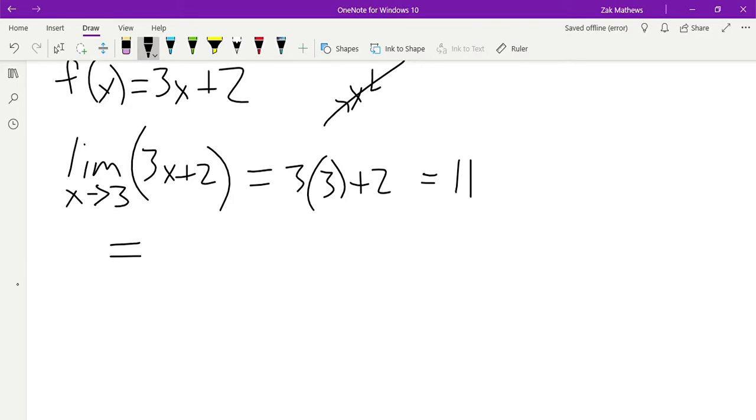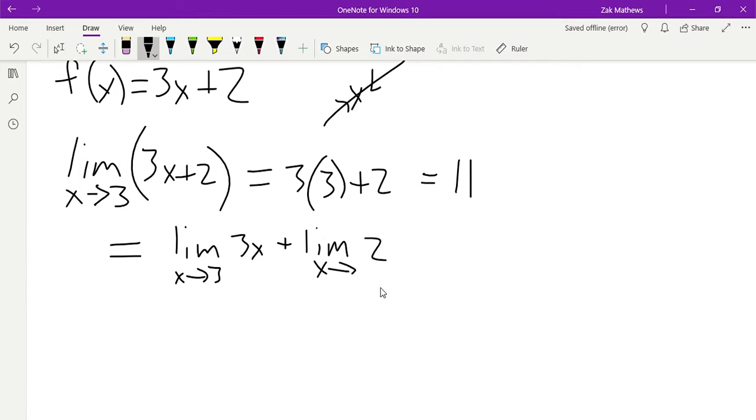The limit laws tell me, for starters, I can always break up the addition of two different terms, because I can treat both of these as independent functions. 3x can be a standalone function and 2 can be a standalone function. So I can write this as the limit as x goes to 3 of 3x plus the limit as x goes to 3 of 2.